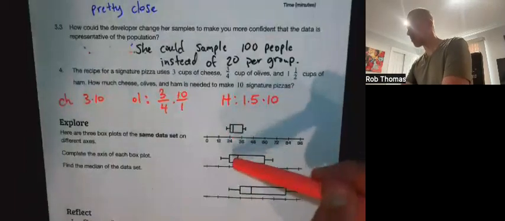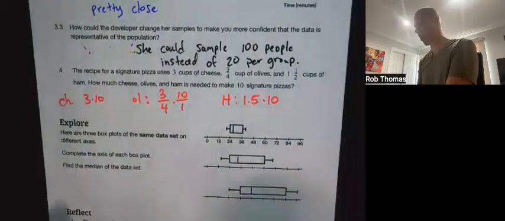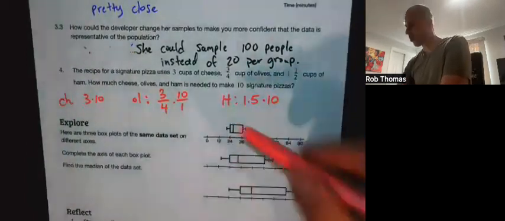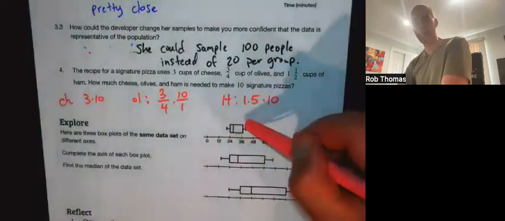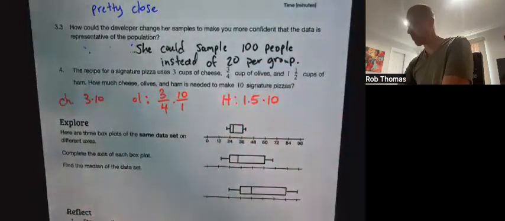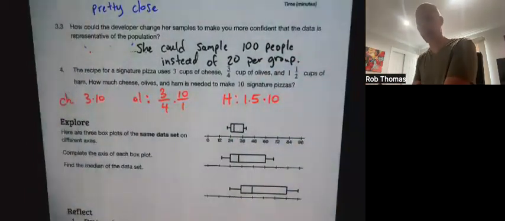See if you can fill these in and then use a pattern to fill in the axes properly. So certain numbers aren't going to change. Where this whisker starts, where this whisker ends, that's going to be the same number on every one, no matter what the axis is. The median is going to be the same on each one, no matter how the axis is labeled, because the median is the median is the median.